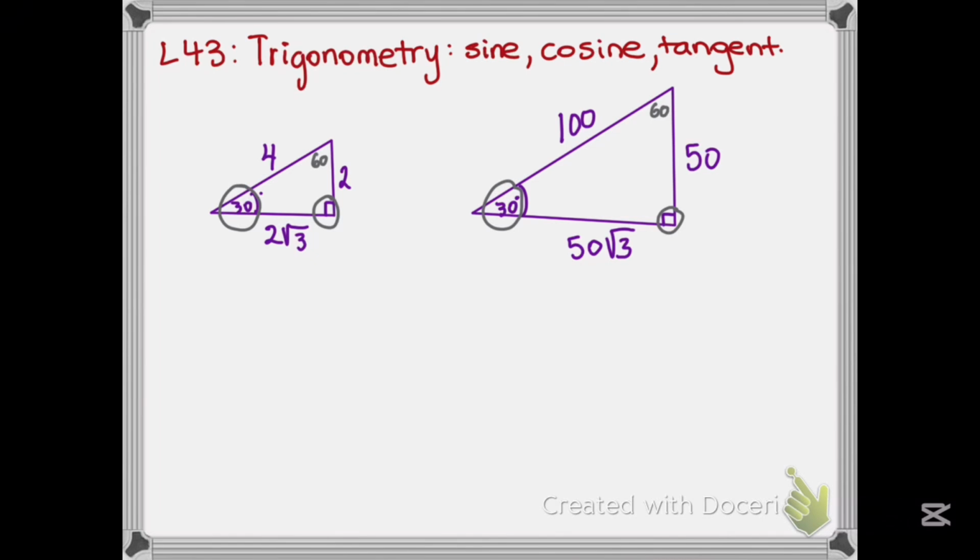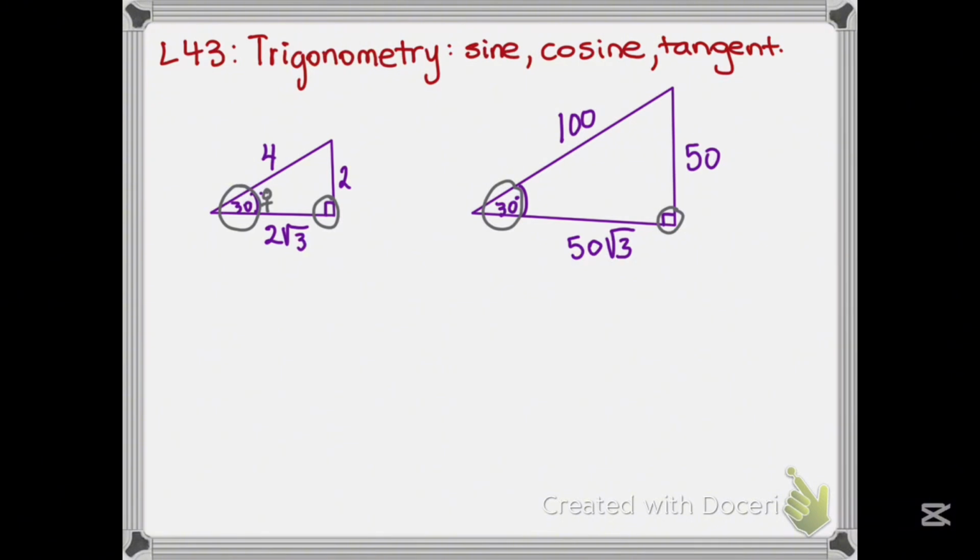So before I introduce to you what is trigonometry, what is sine and cosine and tangent, I want you to realize what's happening. So let's look at these triangles and the relationships between their angles and their sides. Right now, I want to focus on the 30-degree angle. So look at, for example, here the 30.